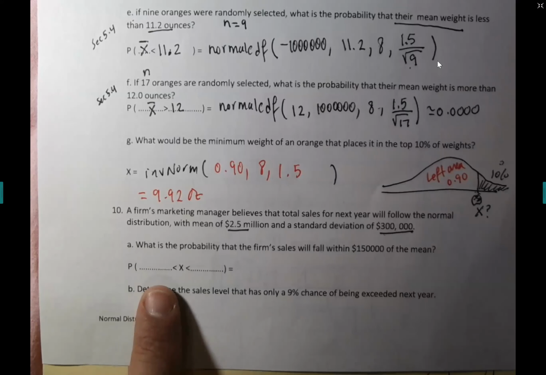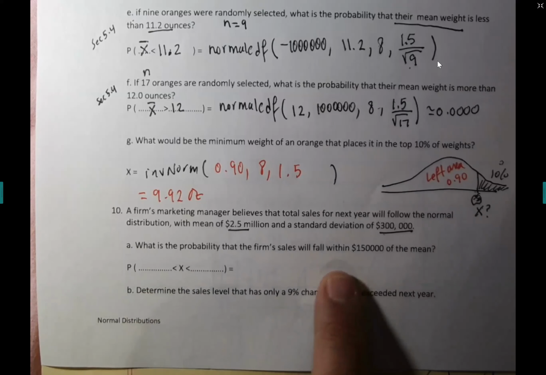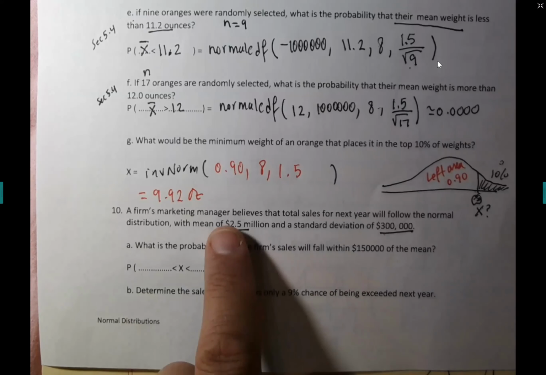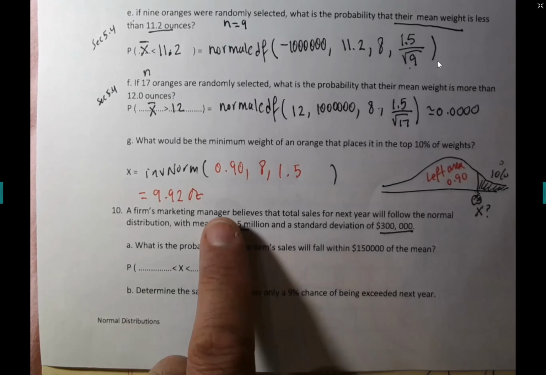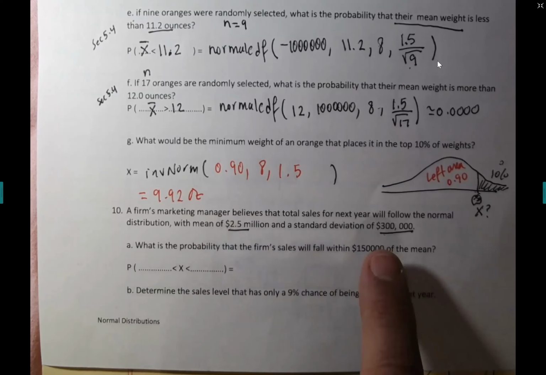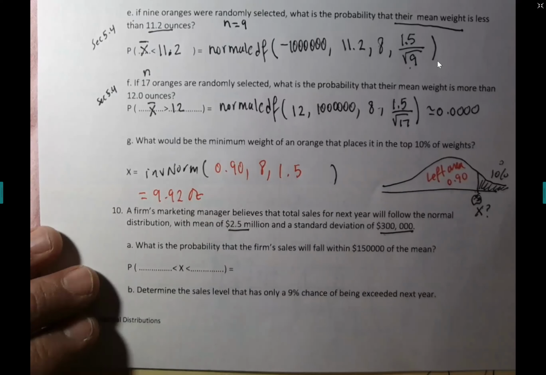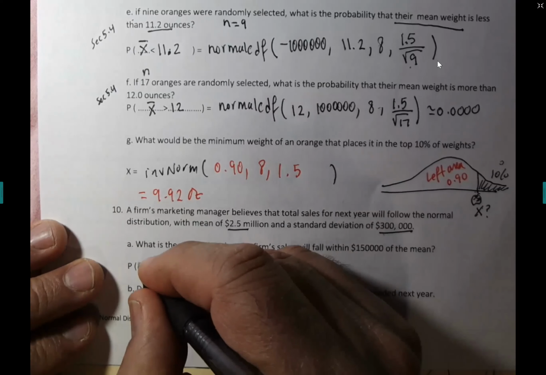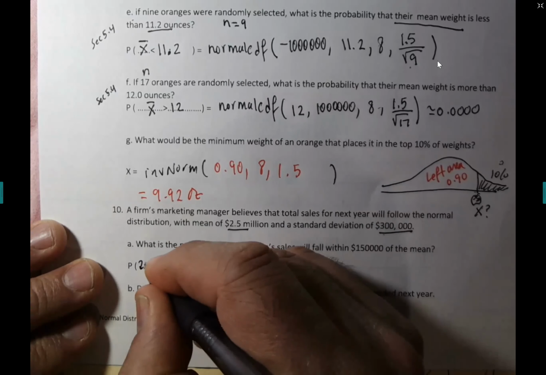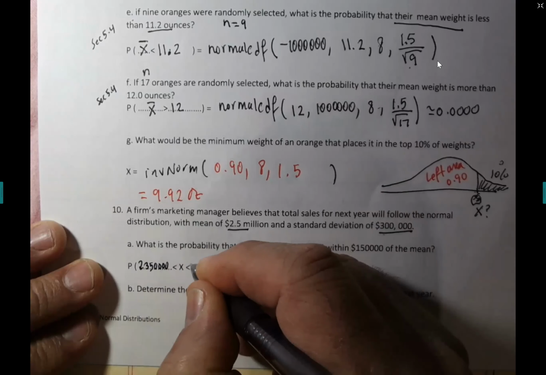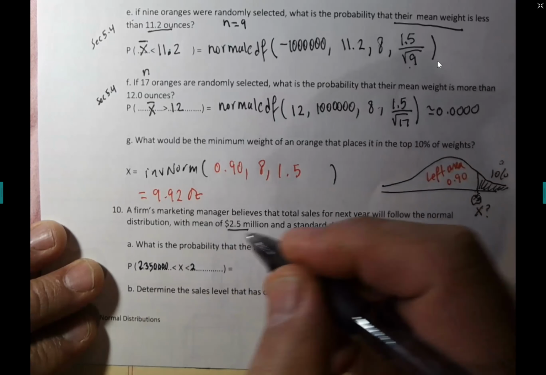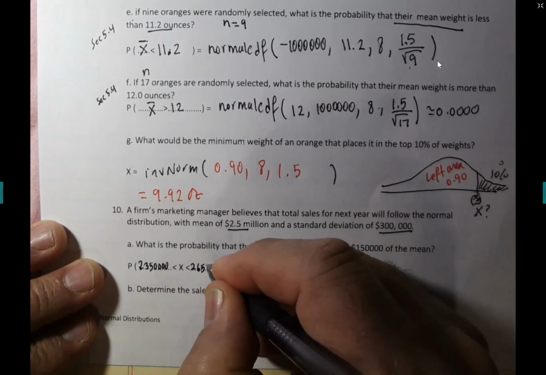The reason why I put this question here is just to explain the word within to you. So just take 2.5 million and subtract 150,000, and take 2.5 million and add 150,000. So it will be 2,350,000, and here, if you add 150,000, it will be 2,650,000.